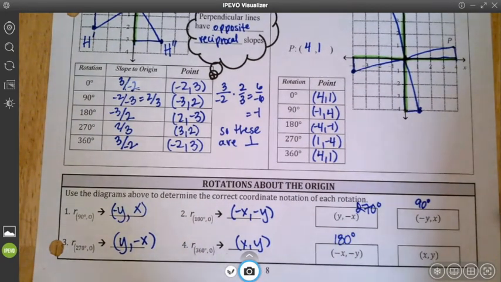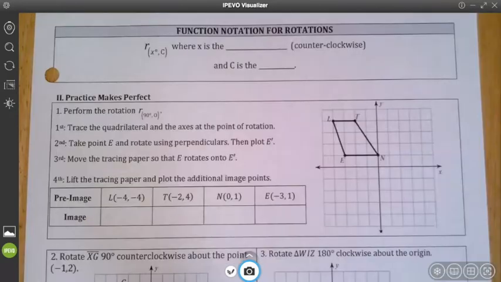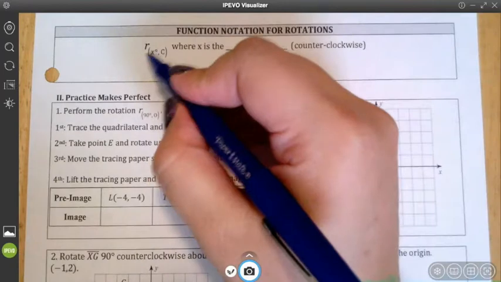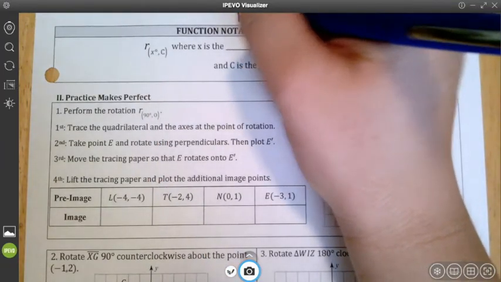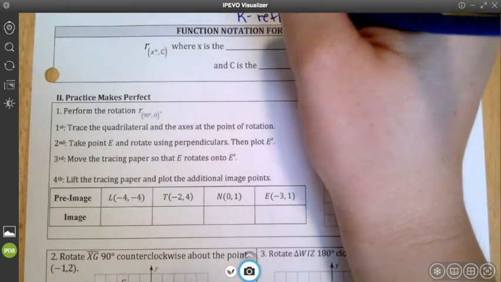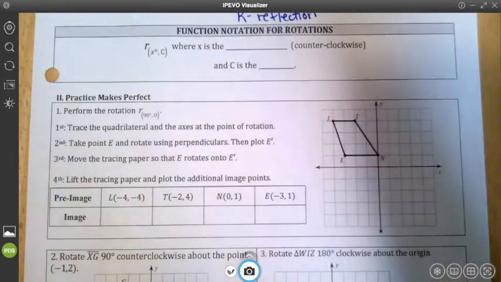Let's look at some more examples. For our rotation notation, we use a little r. Remember, big R was for reflection. Little r is for rotation.